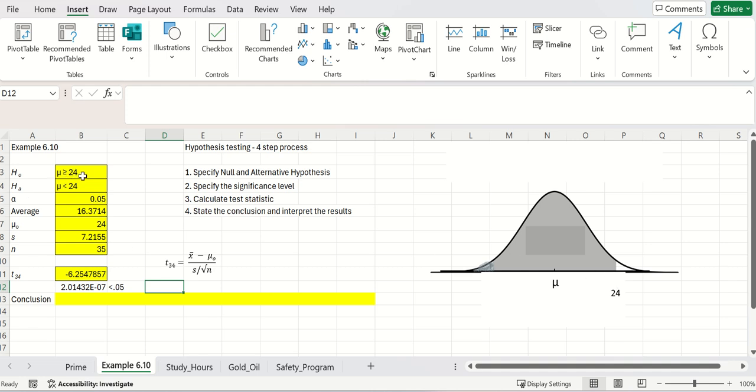Rejecting the null hypothesis says that statistically, the difference between what is now and what was in the past is significantly different. Hopefully that helps you get through this and shows you how to do a hypothesis test with known standard deviation and known average.